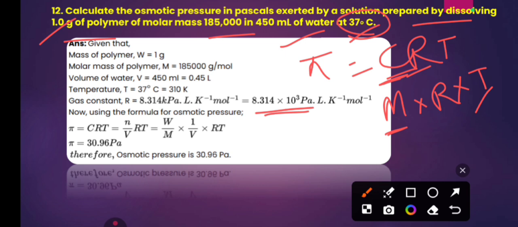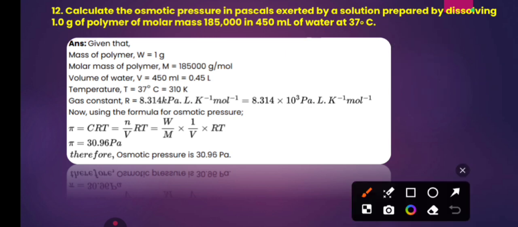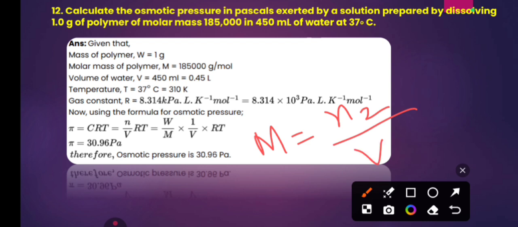First look here, how you can solve this molarity. What is the formula of molarity? Molarity is equal to moles of the solute divided by volume of solution into 1000. So how can you solve moles of solute? How much quantity of polymer is given? 1 gram. So 1 gram divided by its molar mass.